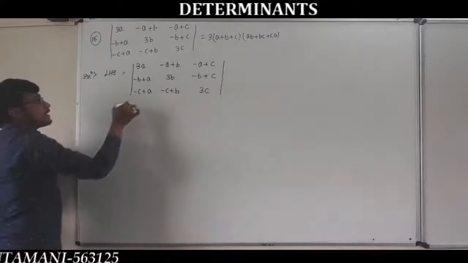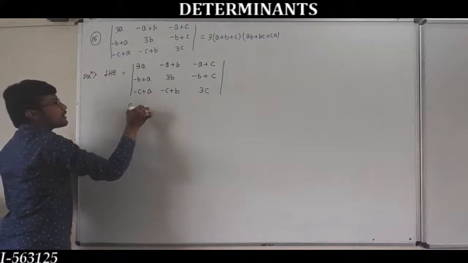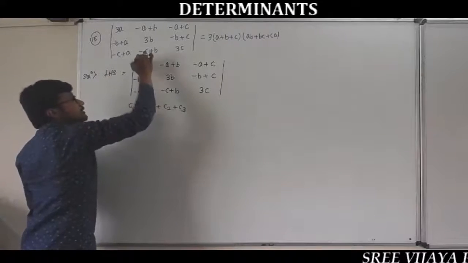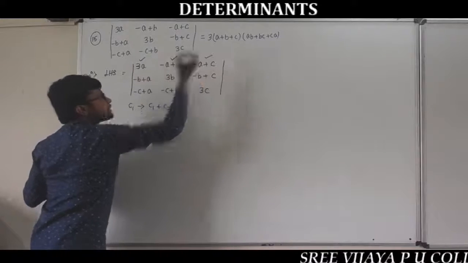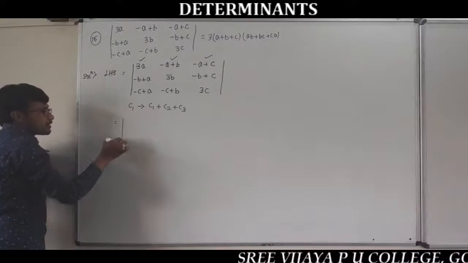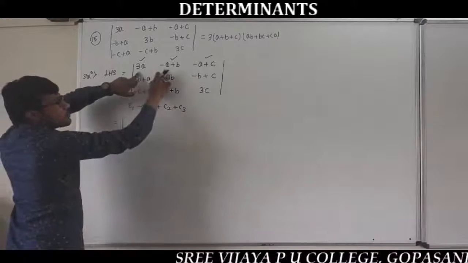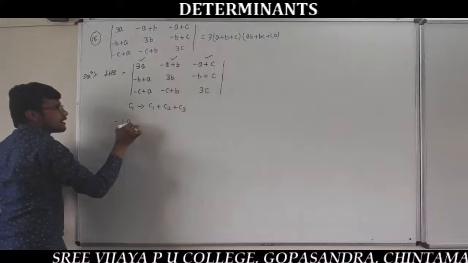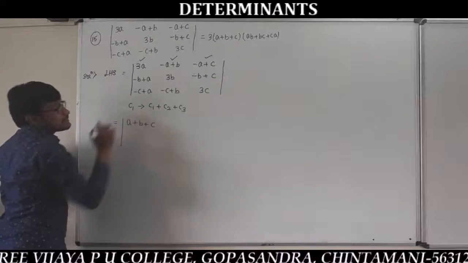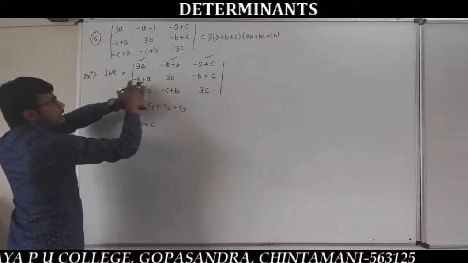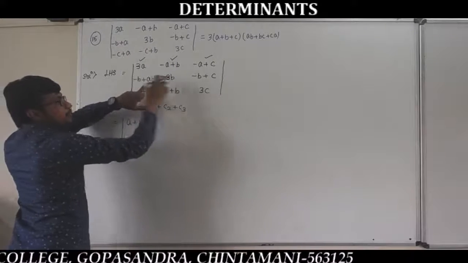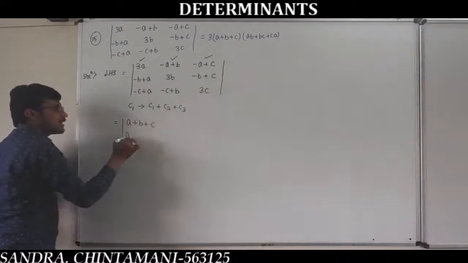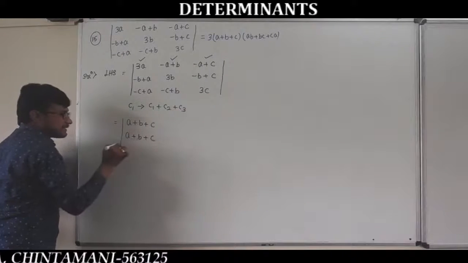Okay, so you are applying the elementary operation: column 1 changes to column 1 plus column 2 plus column 3. So add the corresponding columns. 3a minus a is 2a, minus a is a, plus b plus c, you will get a plus b plus c. Next, minus b plus 3b minus b, 2b minus b is b, plus c plus a, you will get a plus b plus c.